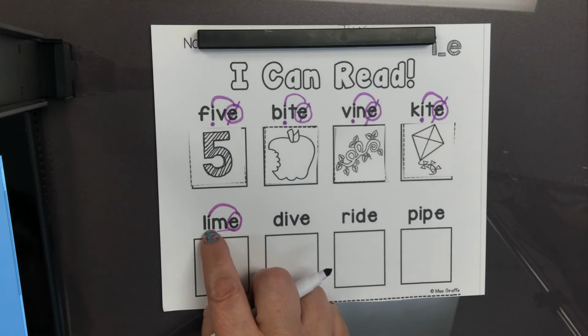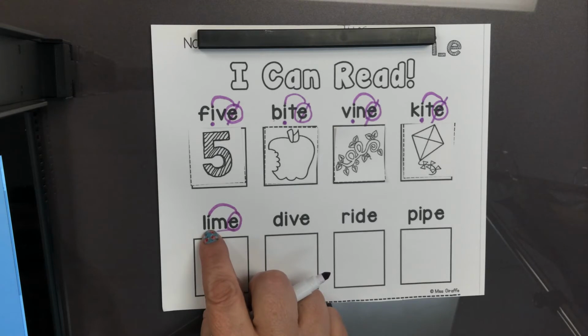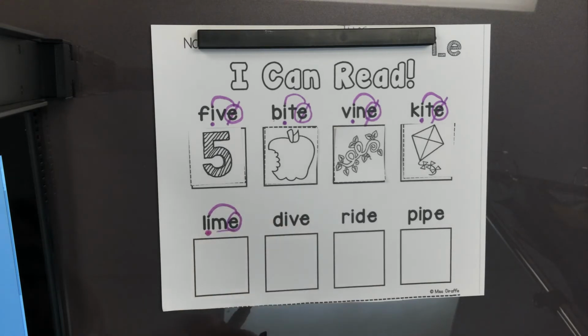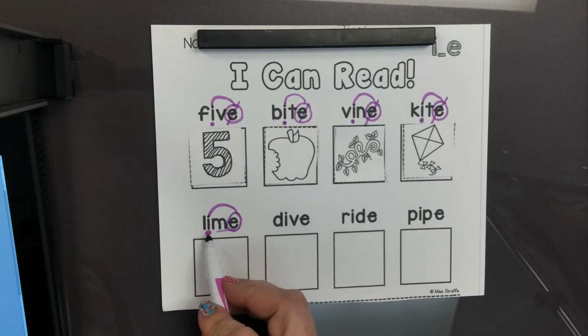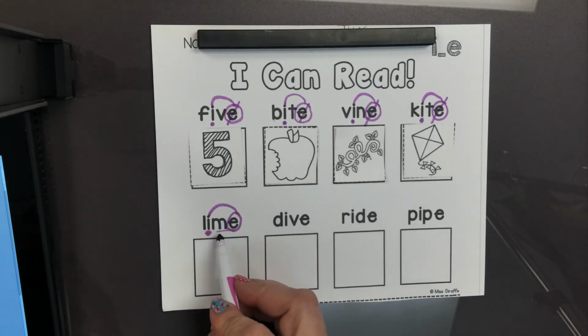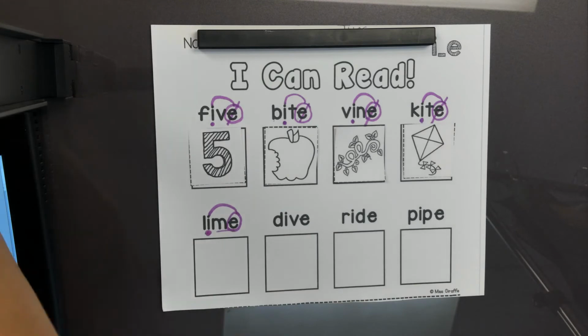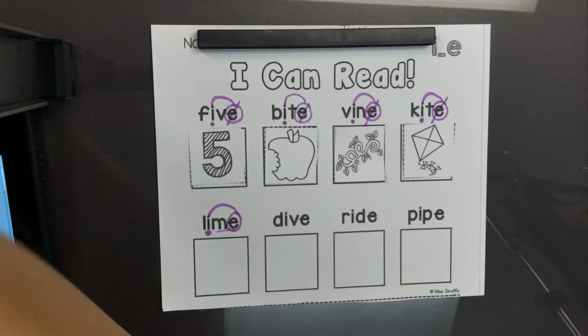Does it land on a vowel? Yes, it does. I will say I. Let's sound out the word. L, I, M, lime. A lime is a fruit I can eat.